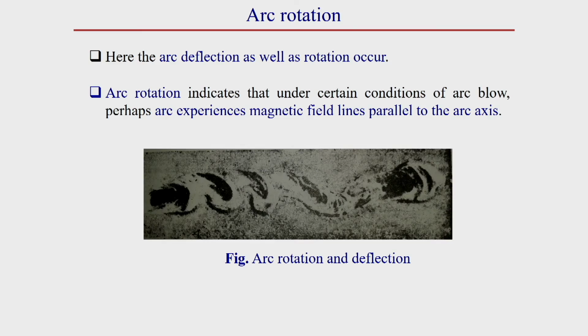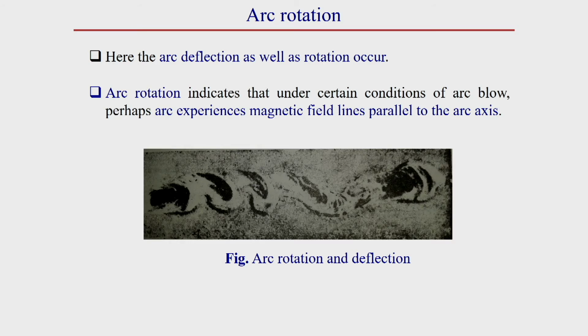This arc rotation indicates that under certain conditions of arc blow, perhaps the arc experiences a magnetic field line parallel to the arc axis. What we have observed generally is that the magnetic flux lines are generated in the transverse direction, that is, in the peripheral direction.